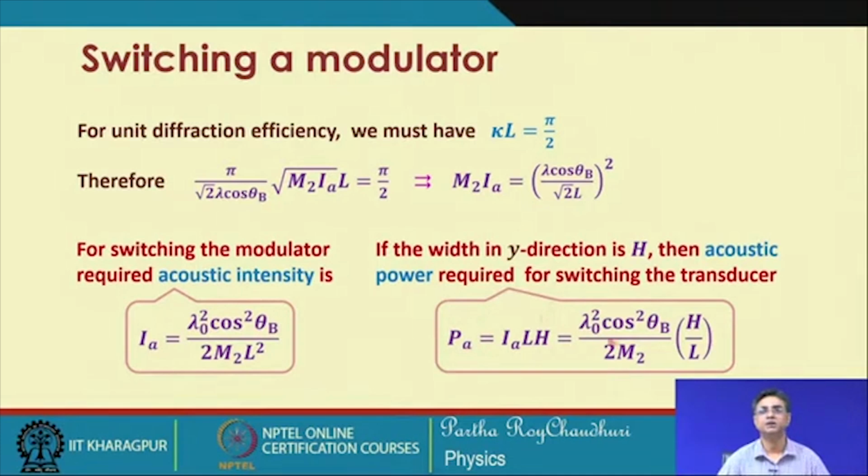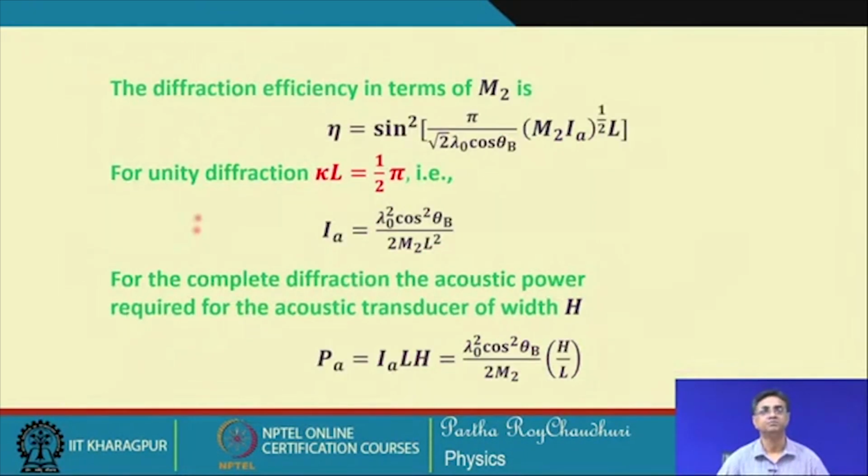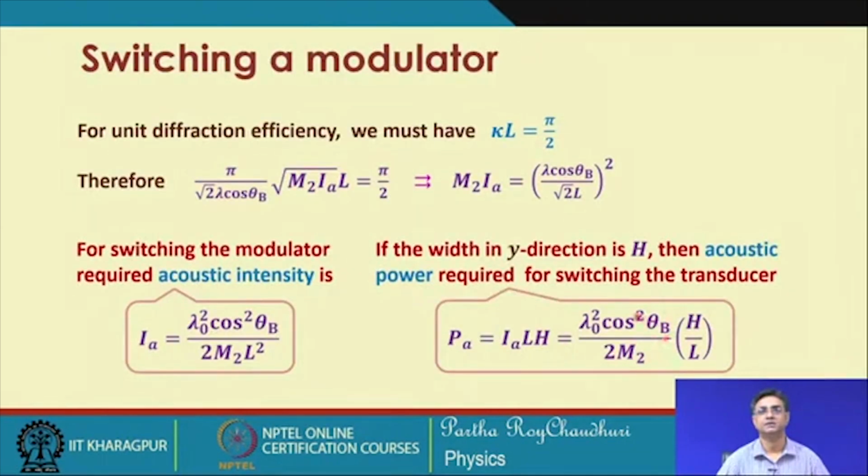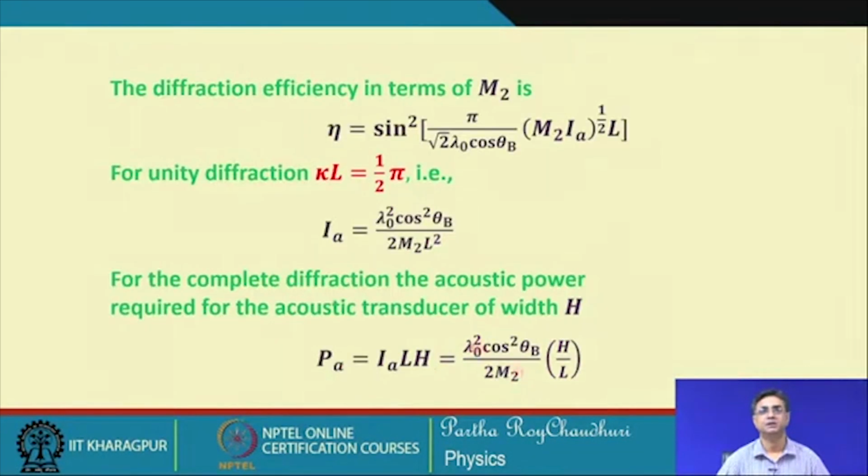So, we can use some numbers to see what the power requirement is for switching the modulator, like the case we discussed in electro-optic switching, where we defined the half voltage. The diffraction efficiency for this, putting kappa L equal to pi by 2, gives the intensity requirement as this.